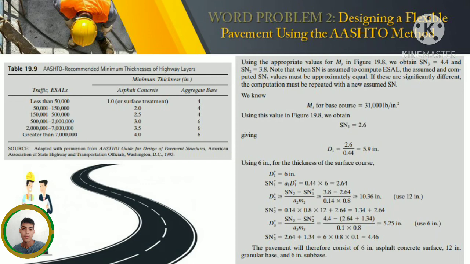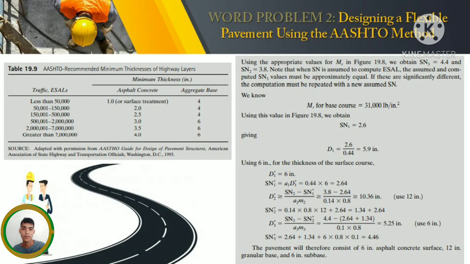The D sub 3 is equal to SN sub 3 minus SN sub 2 all over a sub 3 times m sub 3. The SN sub 3 is equal to 4.4. We're going to subtract 2.64 plus 1.34, the value of SN sub 2, all over 0.1 times the m sub 3, which is 0.8, and that is equal to 5.25 inches.